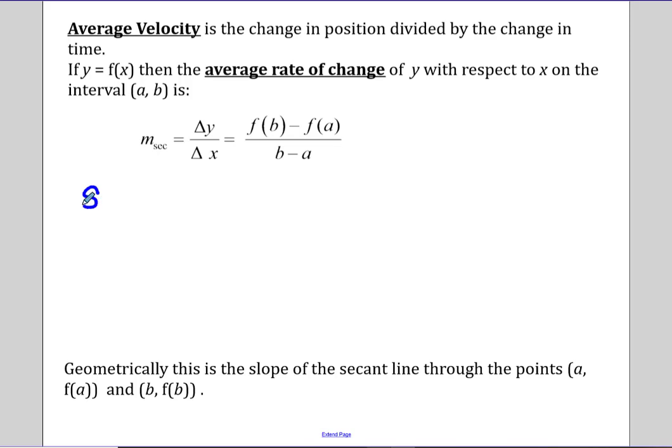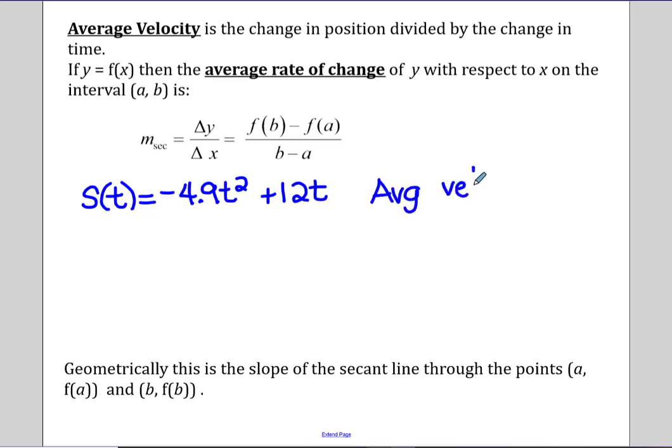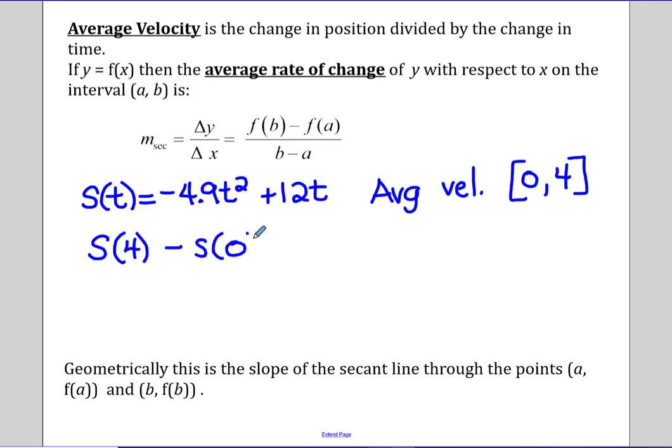If I had some position function for the behavior of an object falling back to Earth due to gravity, and that position function was negative 4.9 t squared plus 12t, and I wanted to find the average velocity on the interval from 0 to 4, I could do that by finding the position at 4 and the position at 0, subtracting, and then dividing by the length of the interval from 0 to 4.